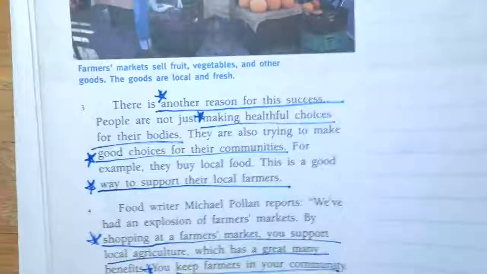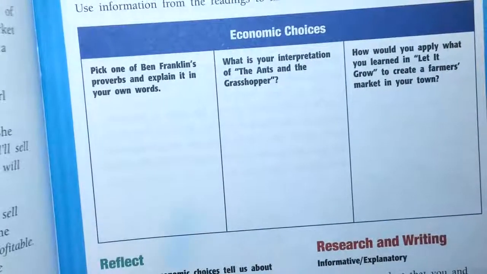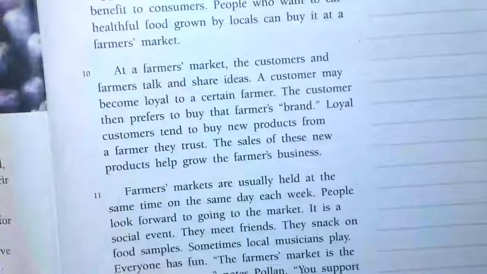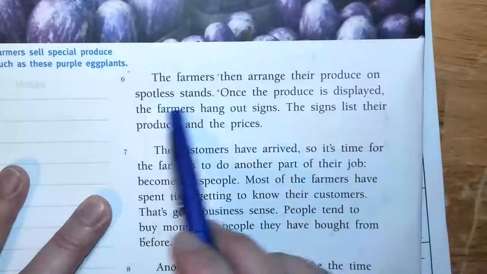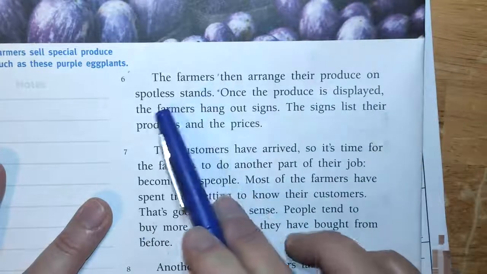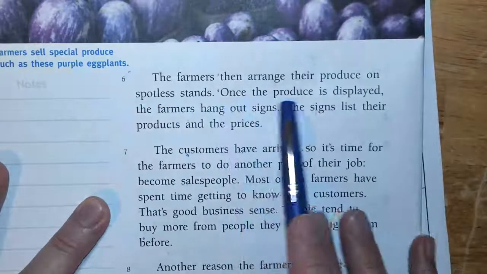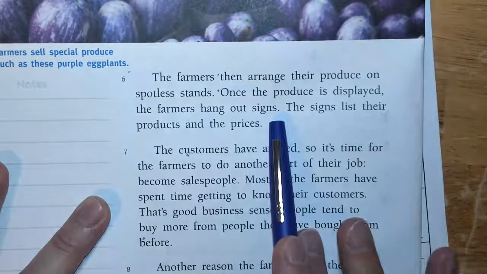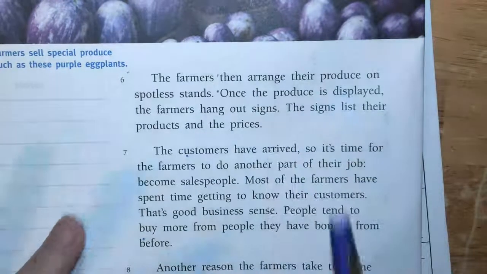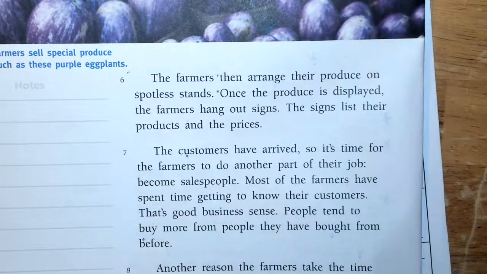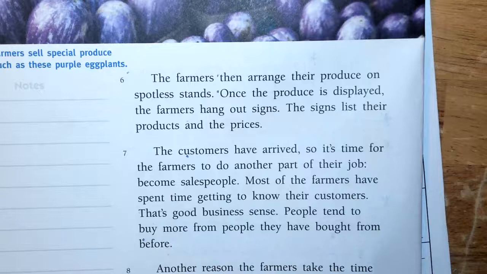Now, turn to page 8, and let's look at paragraph 6. The farmers then arrange their produce on spotless stands, and once the produce is displayed, the farmers hang out signs. The signs list their produce and the prices. So there are 2 in here that we're going to find. And these sequencing words don't always stand out as much as next and first.